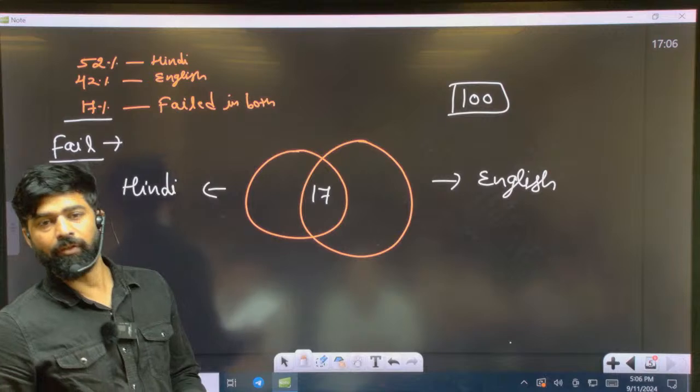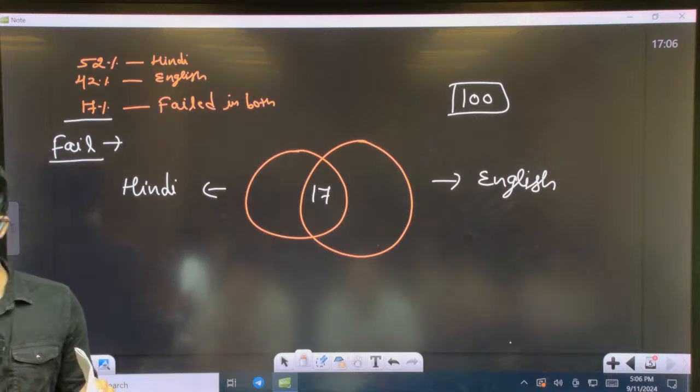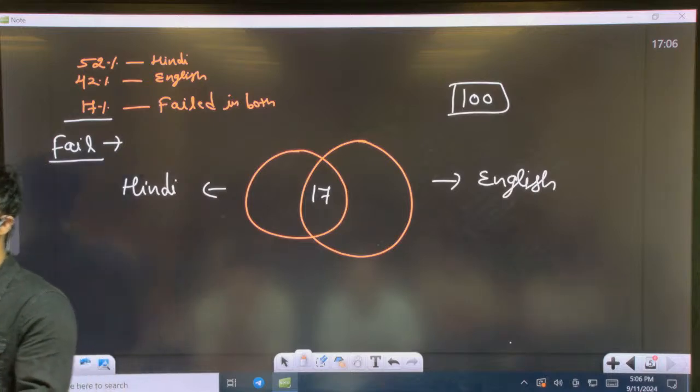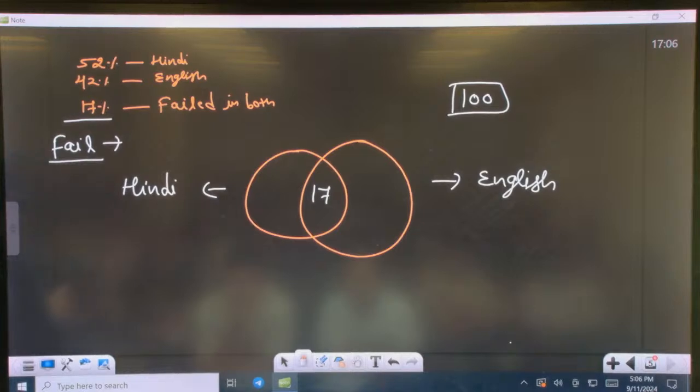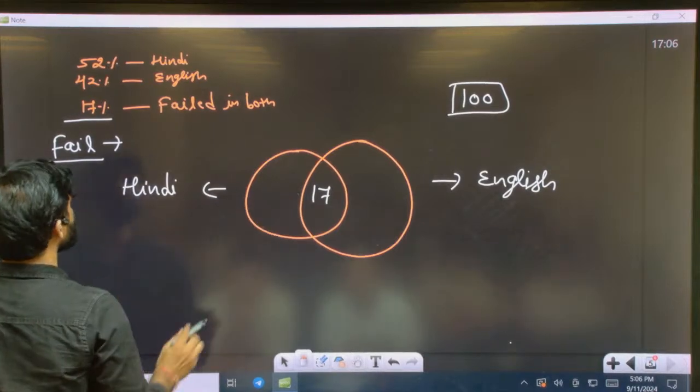Because a student, whatever the result, pass or fail, must have appeared in the exam. So selected and non-selected students, if I total the number, will be the appearing students. It means students who have filled the form and taken the exam. Okay. So 17 is this number.